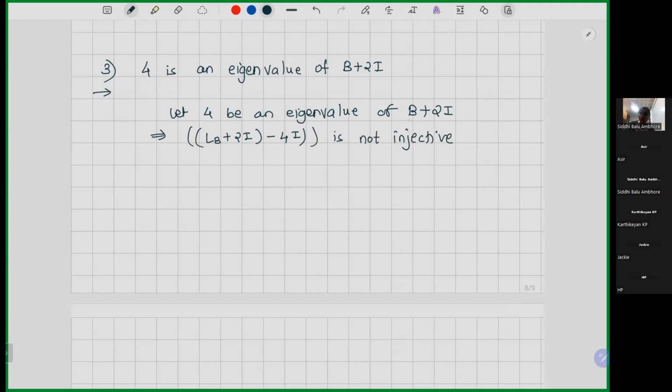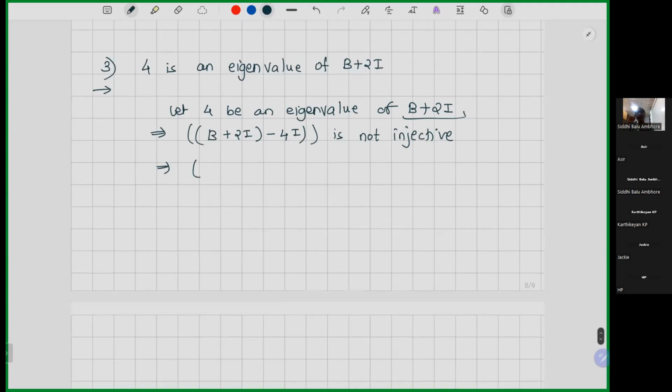I'm just writing the definition here, that 4 is an eigenvalue of this linear transformation. I hope you understand what this means. So L_B minus 2I is not injective, and this implies that 2 is an eigenvalue of B. But this is true, right?